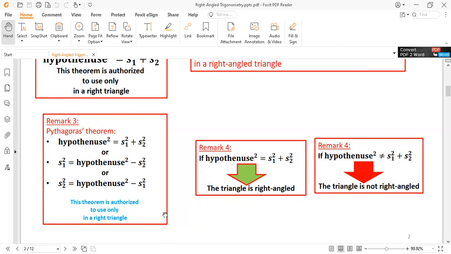We should stress the fact that this theorem is authorized to use only in a right triangle.